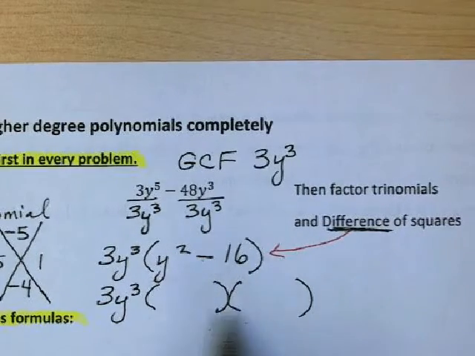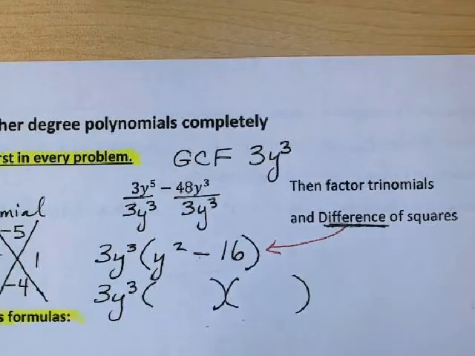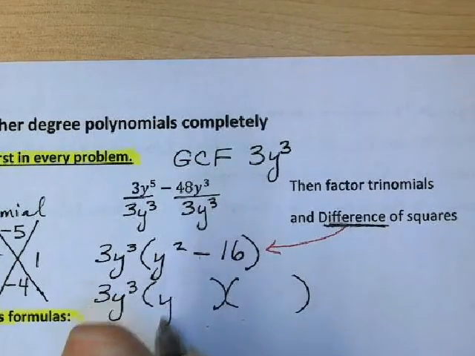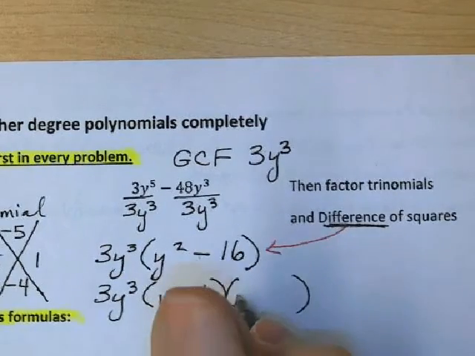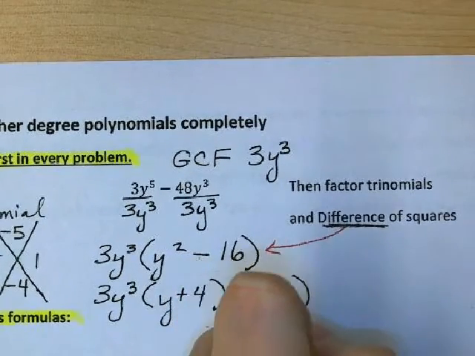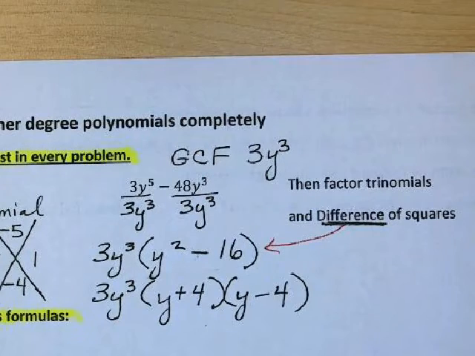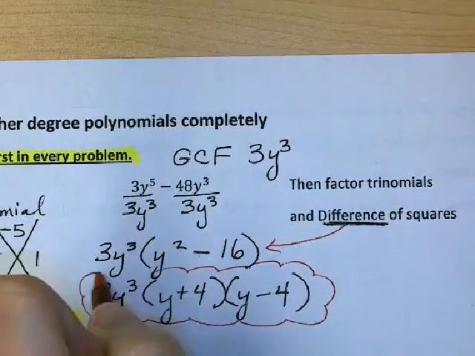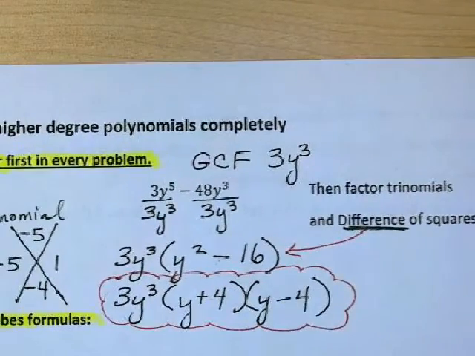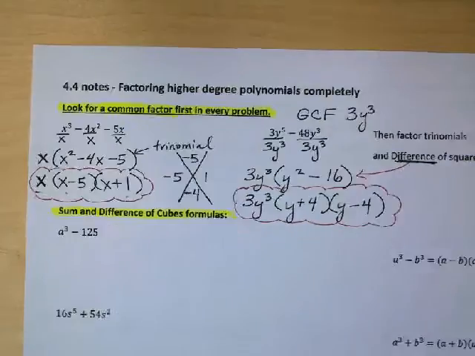So do you know how it breaks apart some more? Yeah, like plus 4. It's a y this time, but that's okay. Yeah, like y plus 4, y minus 4. That's it. Now it's done. Now it's finally done. So yeah, this chapter tells you to factor things completely. So it's not just one step. There's several steps to these. All right, so we got the first two done.